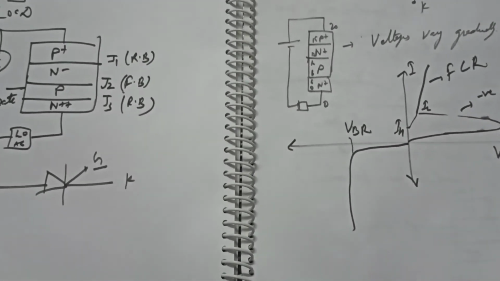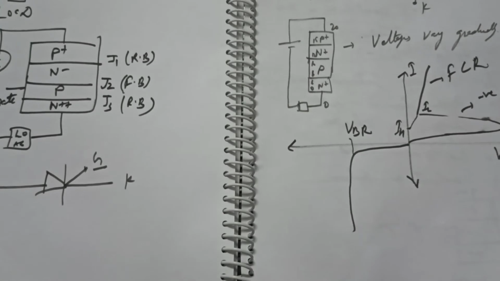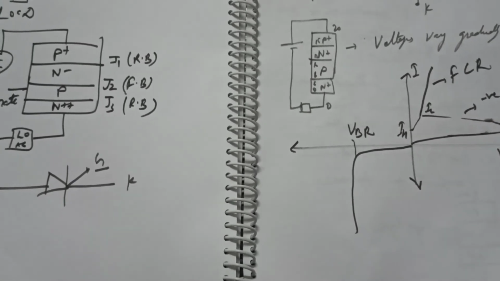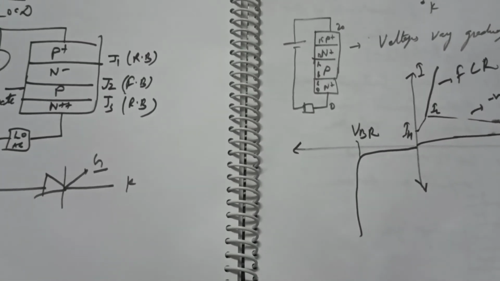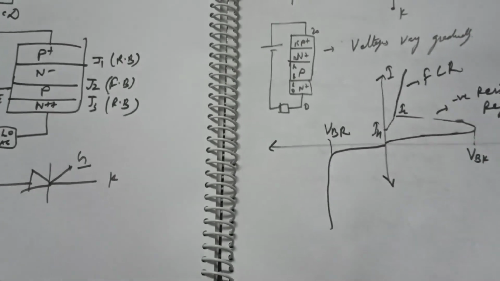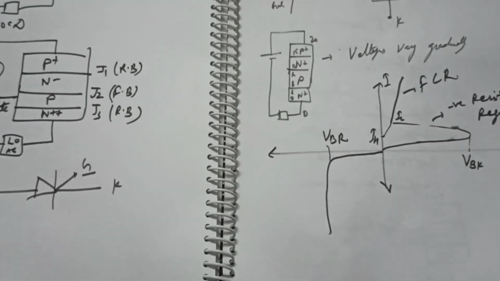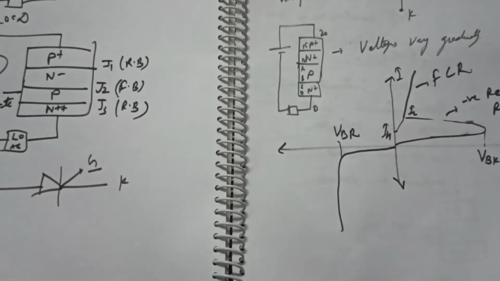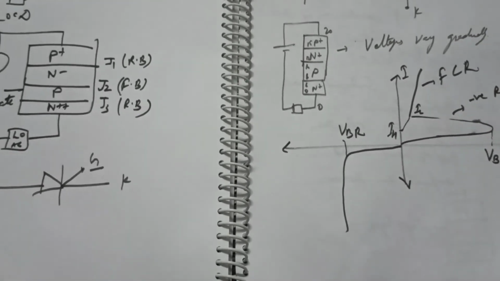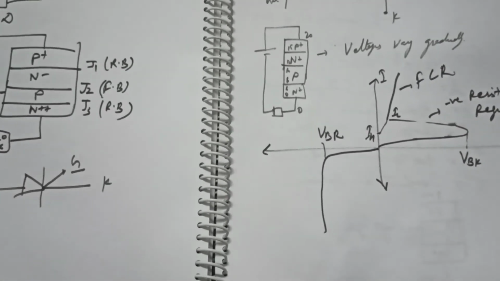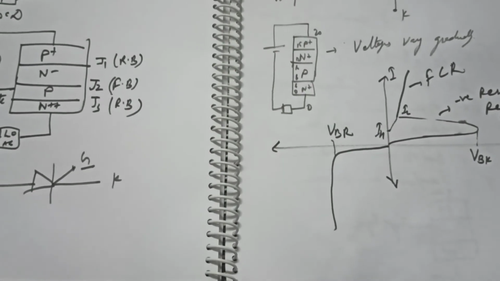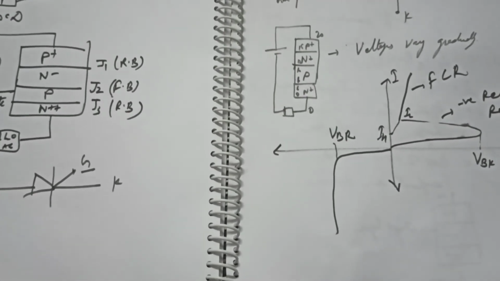Holding current is the current below which the device ceases to conduct. I think the roles of latching current and holding current are quite clear.